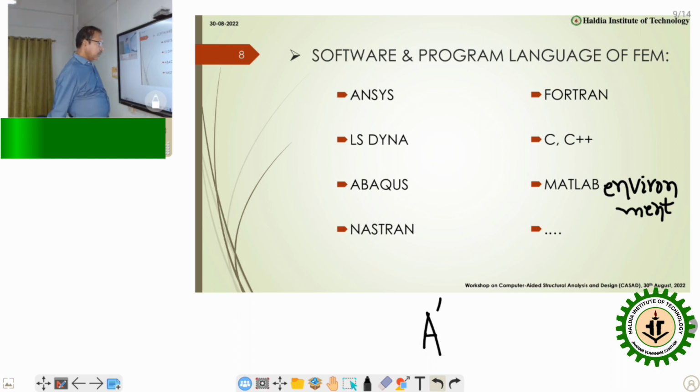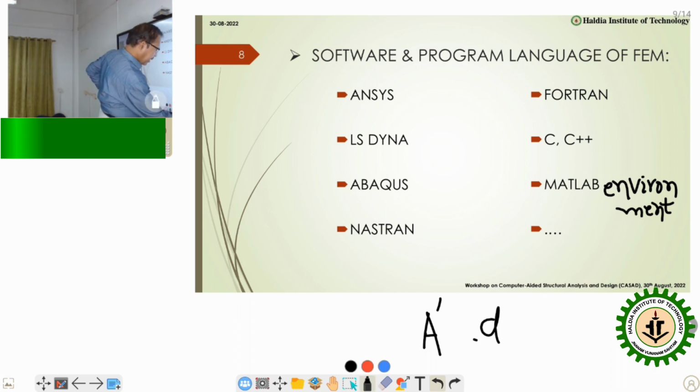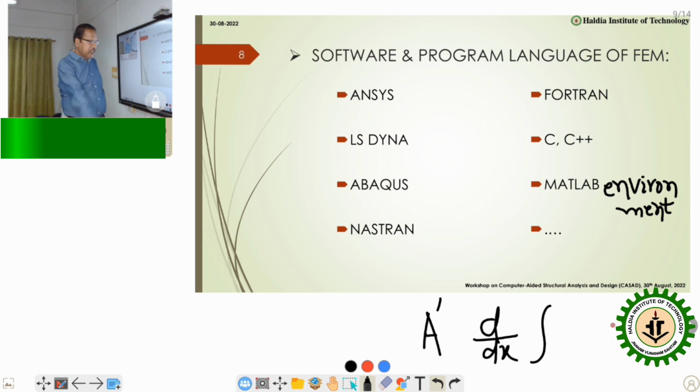Then we can easily do the differentiation. d by dx can be done easily in MATLAB, or integration can also be done easily, for which we would have to write many lines if we used Fortran or C. That's a basic advantage which MATLAB possesses.